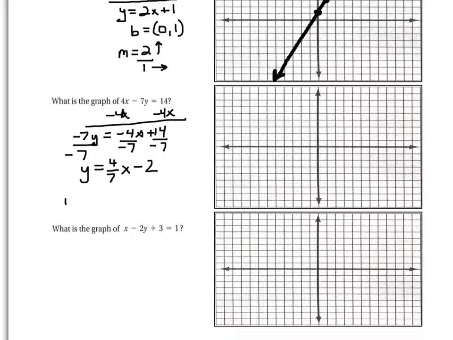All right, so I have a slope of 4/7 and a y-intercept of 0, -2. So first step was to plot the y-intercept. So here I'm going to go down 2, put a dot. From there, my slope tells me I'm going to go up 4 and I'm going to go right 7. So from here I go up 1, 2, 3, 4, then right 1, 2, 3, 4, 5, 6, and 7.